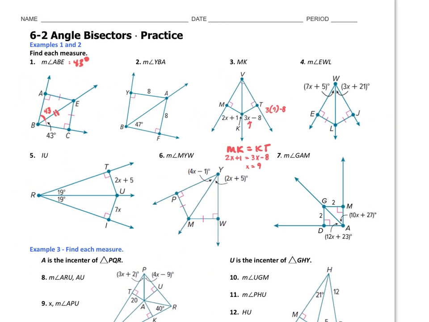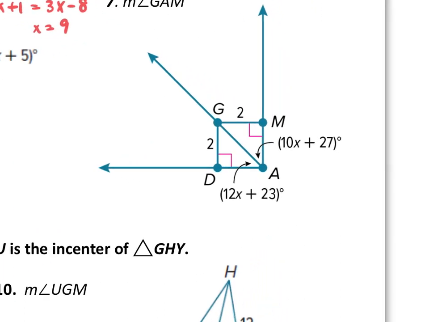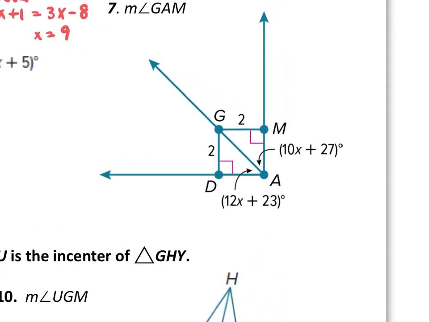So as I continue looking at some of these examples, I know here that if this is a 90-degree angle, this is a 90-degree angle, this is 2, this is 2, it looks an awful lot like a square. But either way, if G is equidistant from the sides of the angle MAD, then this segment is equal to this segment, and this angle is equal to this angle.